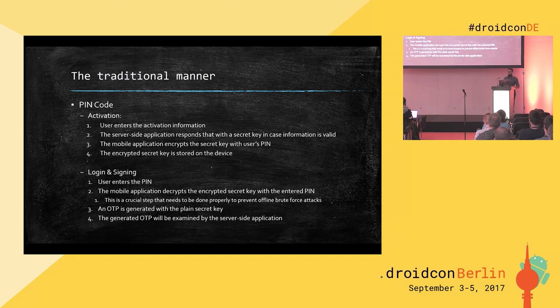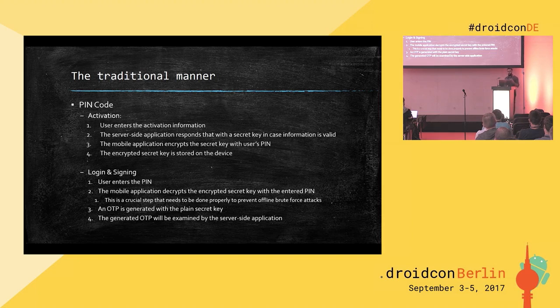Next step, when the user wants to use the application, the secret key must be decrypted. The secret key is needed in 2 cases: when the user wants to log into the system and when the user wants to sign a transaction. An OTP should be generated for those purposes. First, the user enters the PIN code, and the mobile application tries to decrypt the encrypted secret key on the device with that PIN code.